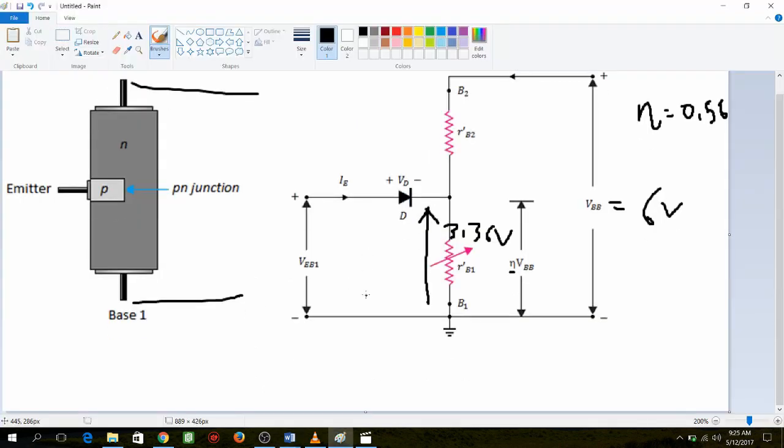Now, a simple question. This is a diode. How do you turn on a diode? You forward bias it. With what value? 0.7 volt. So at 0.7 volt forward bias, your diode is forward biased, which means that your diode is on.